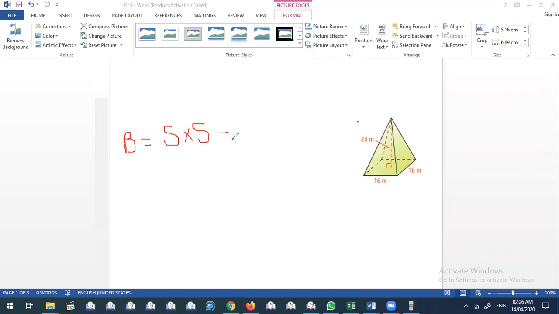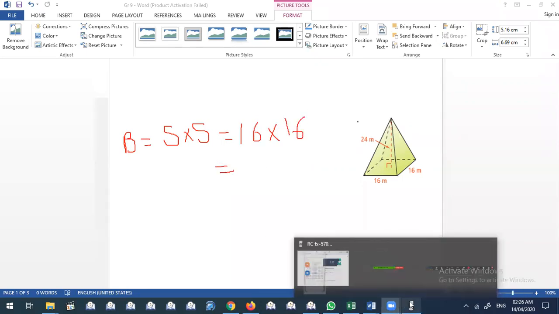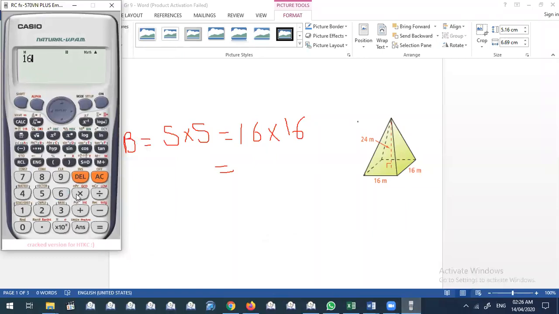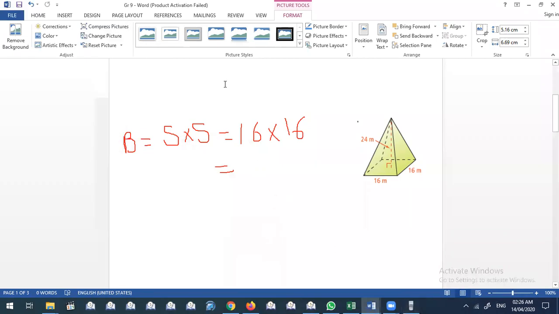So it will be 16 times 16, 256. So the base area is 256 meters squared.